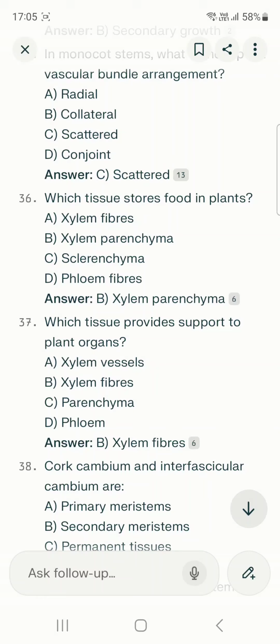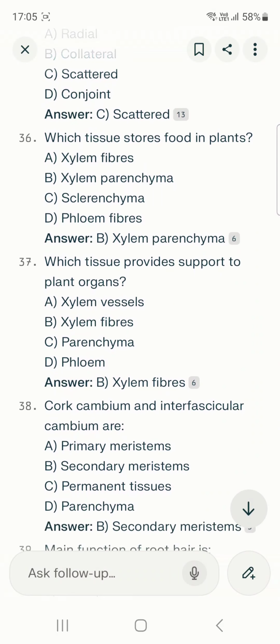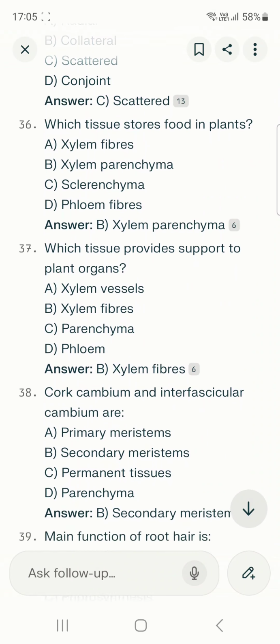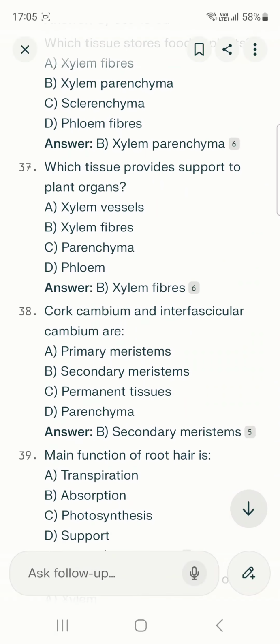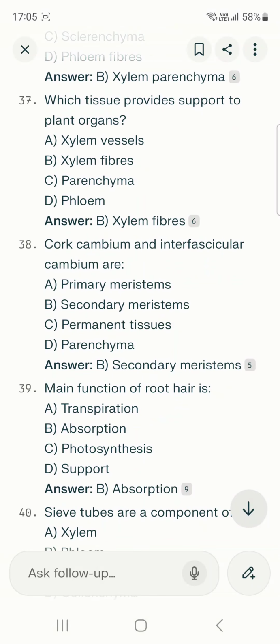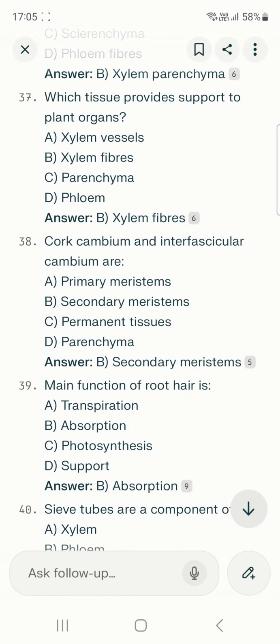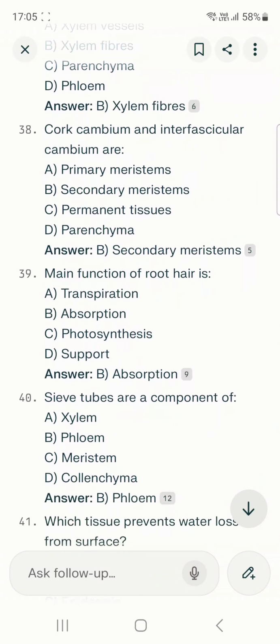Cork cambium and interfascicular cambium are, answer is secondary meristems. Main function of root hair is absorption. Question number 40. Sieve tubes are a component of, we know that answer, phloem.